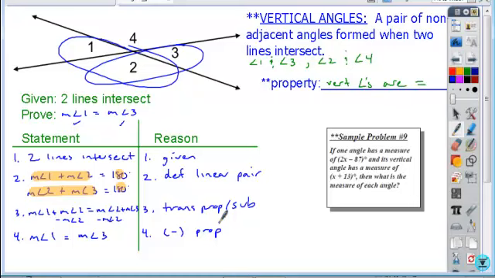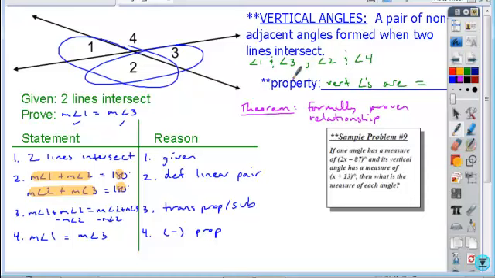Okay, so what we've done here in just these 4 steps is we've proven our first theorem. Okay, so a theorem is a formally proven statement. Okay, and the formally proven relationship that we have here is this property of vertical angles.